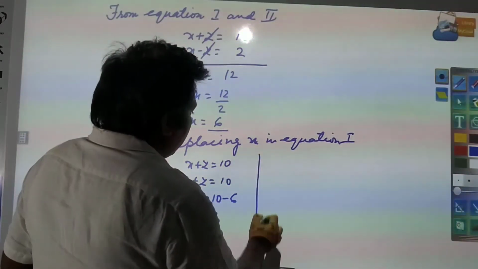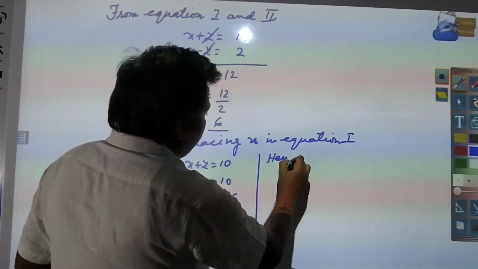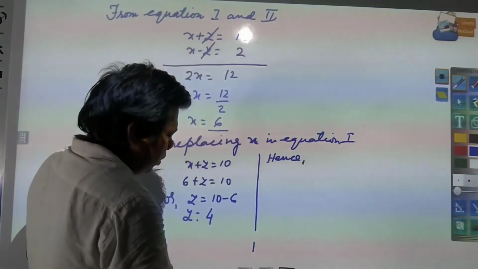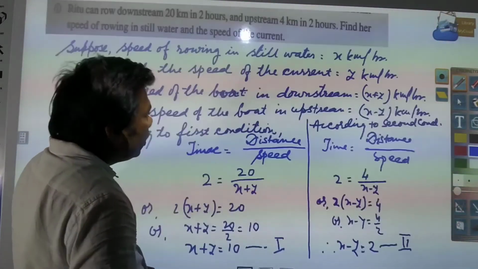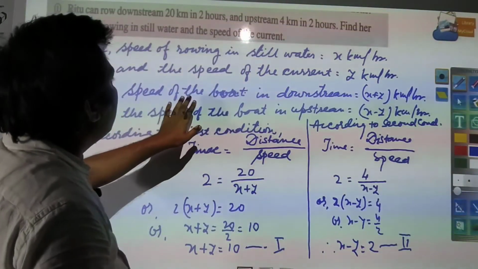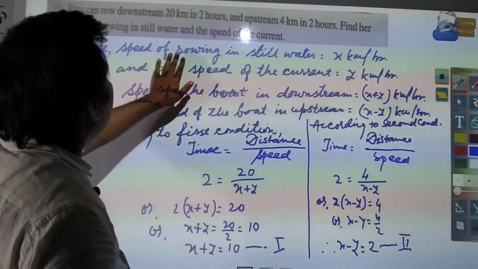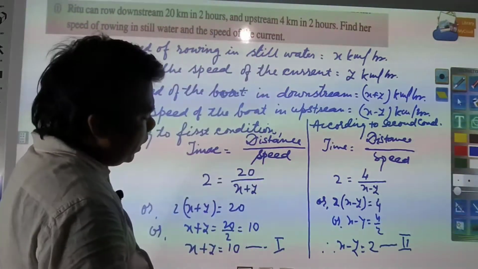So you can write, hence, what we had assumed? We had assumed speed of rowing in still water.